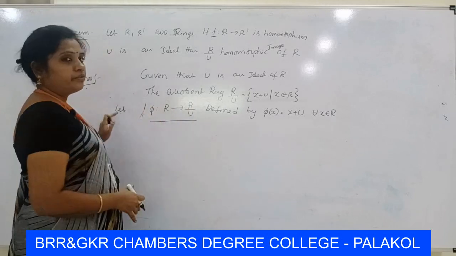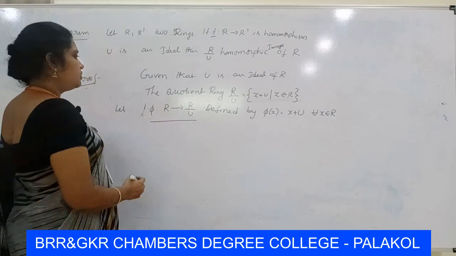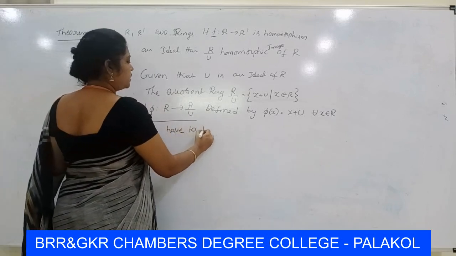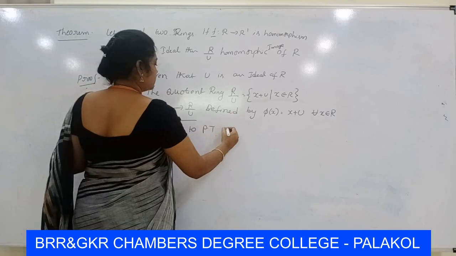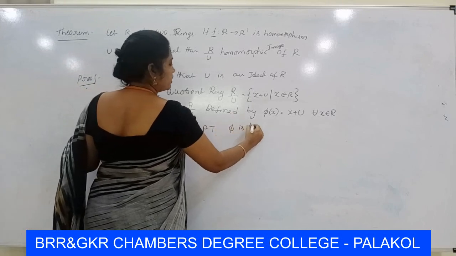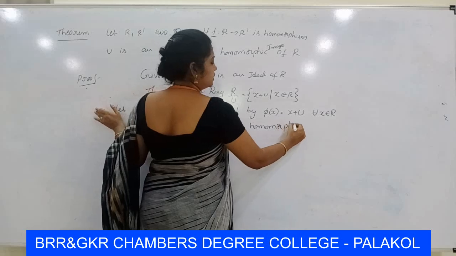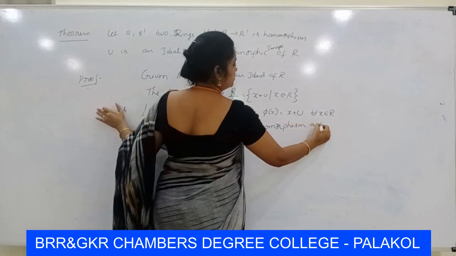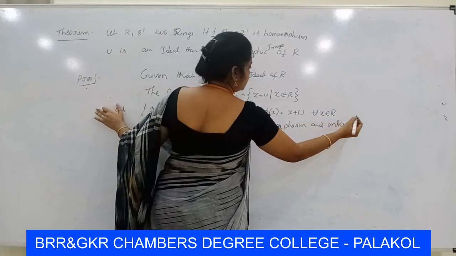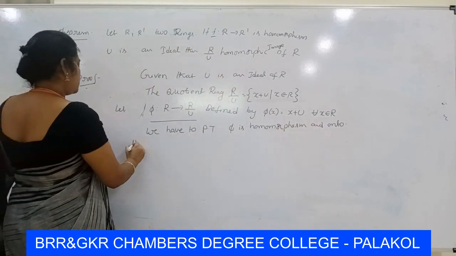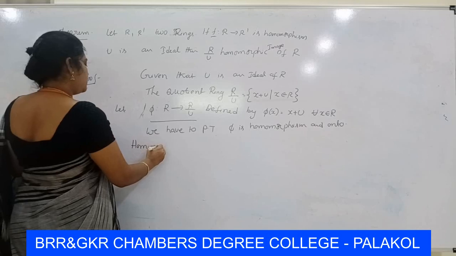Similarly, R by U is homomorphic to R. So we have to prove that pi is a homomorphism and onto. Now, the homomorphism condition. What is the homomorphism condition?